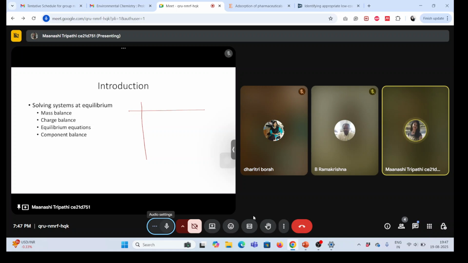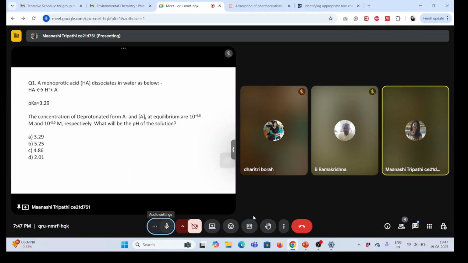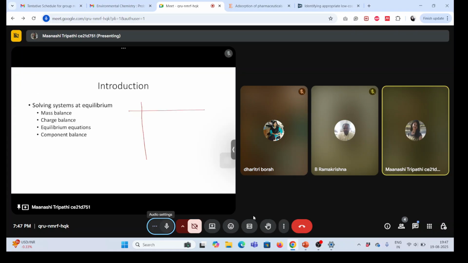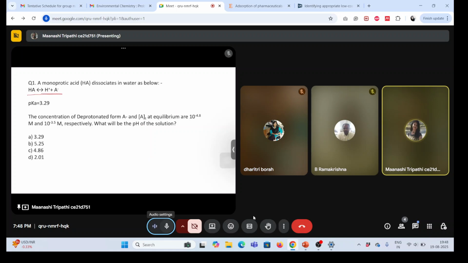So these questions are simple questions based on equations. A monoprotic acid HA dissociates in water as below: HA changes to H plus and A minus.